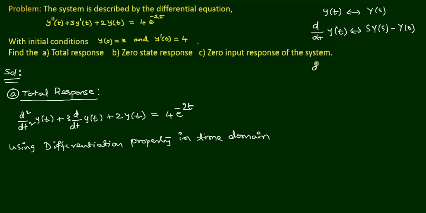So for the double derivative d square by dt square y of t, its Laplace transform will be s square Y of s minus s into y of 0 minus d by dt of y of 0.